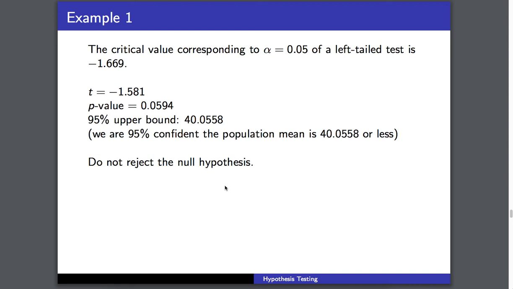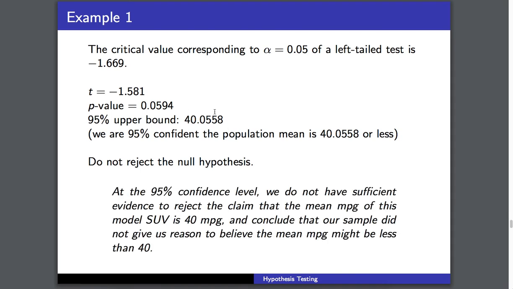And for a left-tailed hypothesis test, you would want to construct a 90% confidence interval if alpha is 5%. So remember, we double alpha and then subtract it from 100%. So 10% away from 100% is 90%. The upper bound on a 90% two-tailed confidence interval is 40.0558. So do not reject the null hypothesis.